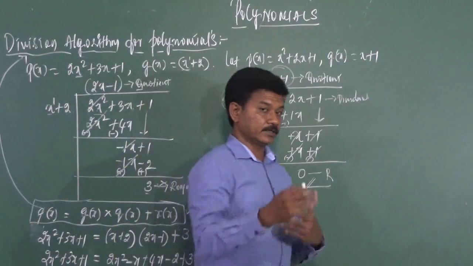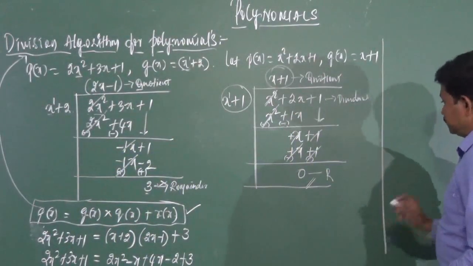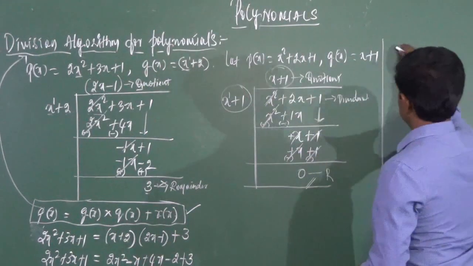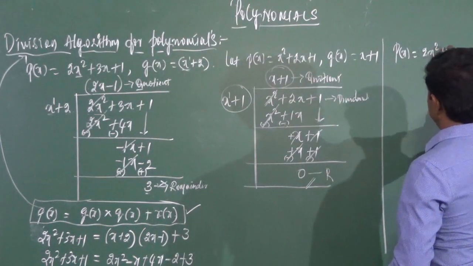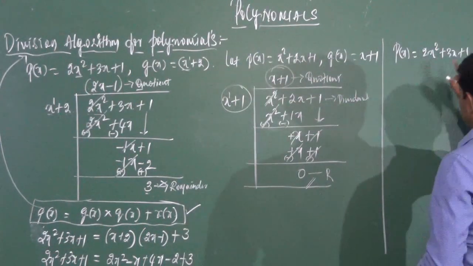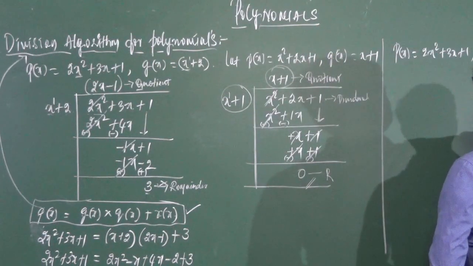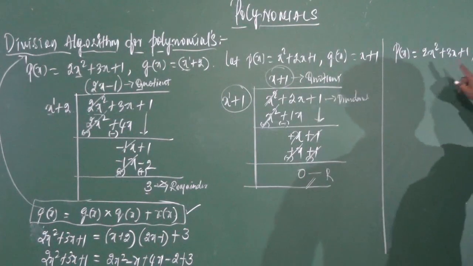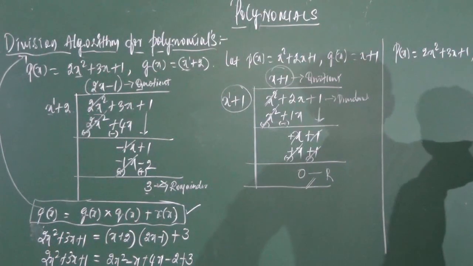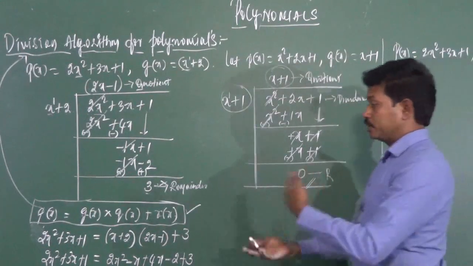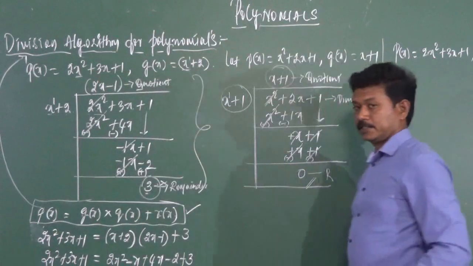Yes, let us get into the method. Now let us take the first example. p of x is equal to 2x square plus 3x plus 1 was the polynomial, and g of x was x plus 2. When I divide p of x by g of x, I already know that the remainder is 3 by the long division process.